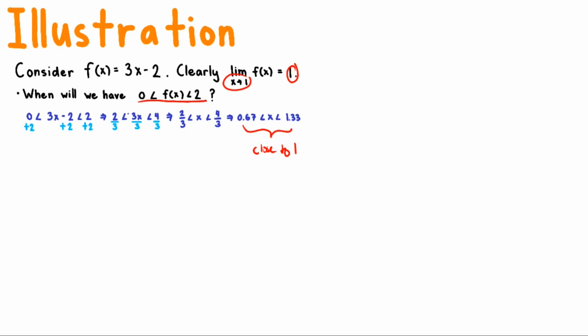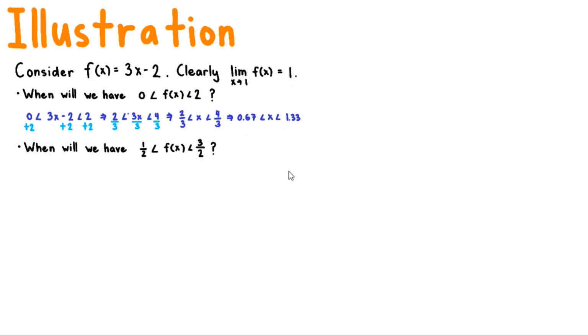Now let's have this next one. We try to make the bounds smaller. So this is like 1 minus 1/2 this time, and this one is 1 plus 1/2. So it's now smaller compared to the first one. And let's try to do the same process. When will we obtain this inequality?